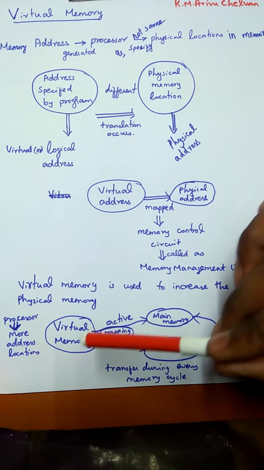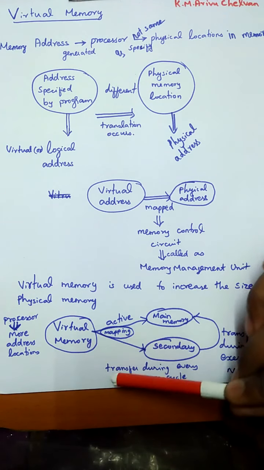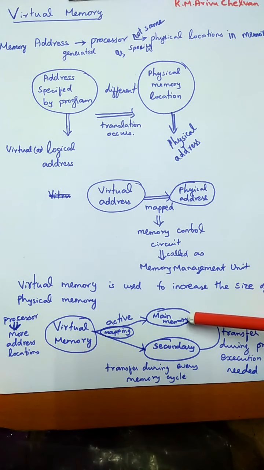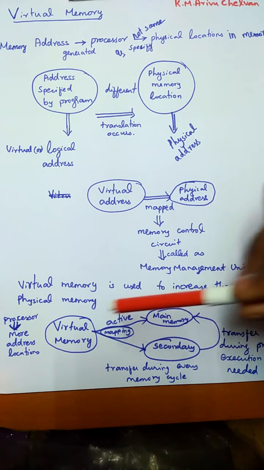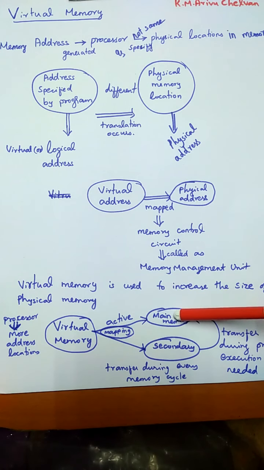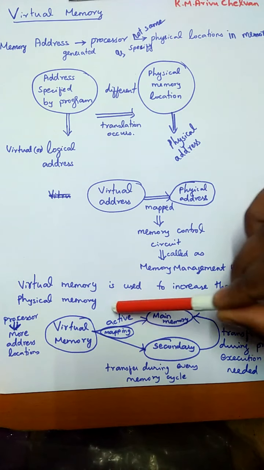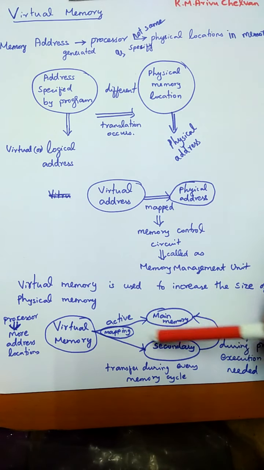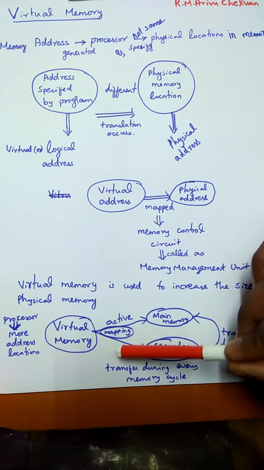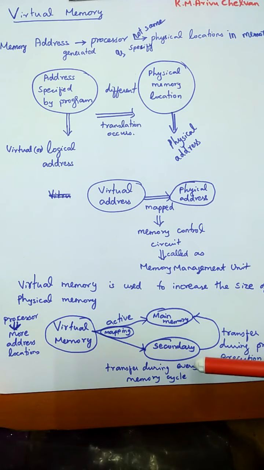See, this virtual memory is mapped with both main memory and secondary memory. Usually the virtual memory mapped with main memory is always in active condition, whereas virtual memory mapped with secondary memory is not active.